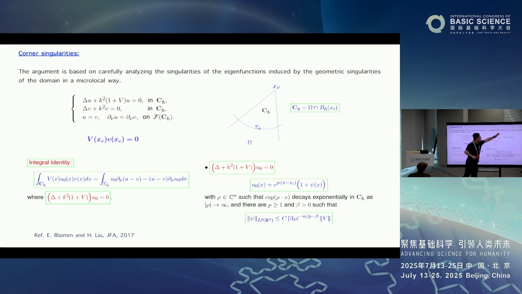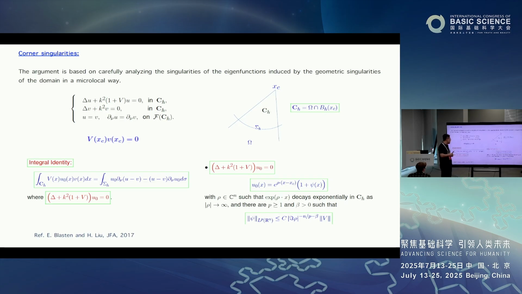But on the flat parts, we know that u minus v and the difference of their normal derivatives are 0. So only the boundary integral on this curved part is left. We actually get u0 times the normal derivative of u minus v, and also u minus v times the normal derivative of u0. So we get this volume integral connected to this boundary integral, and the boundary integral is only on this part.